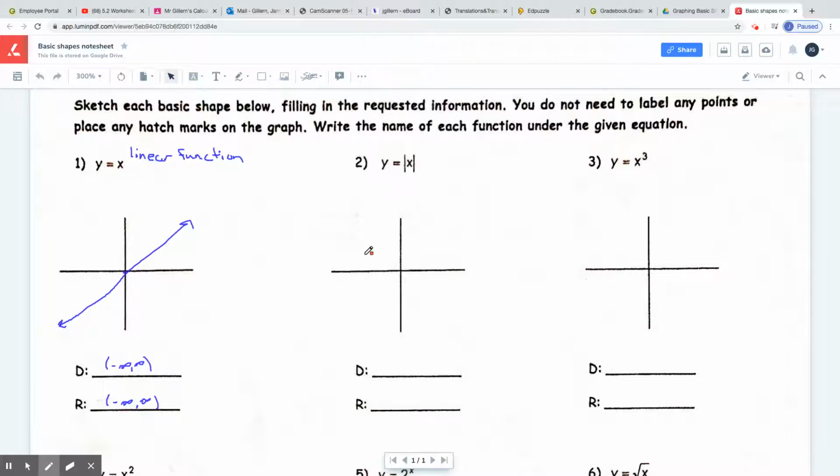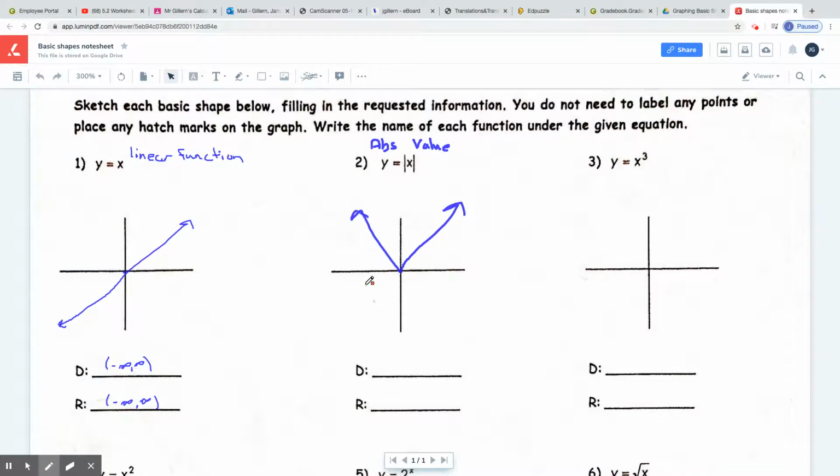Now, y equals the absolute value of x. All right. This is an absolute value function. An absolute value graph looks like a V, right? That's supposed to be a straight line.